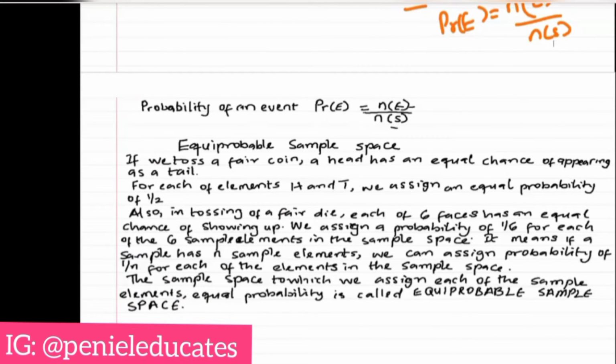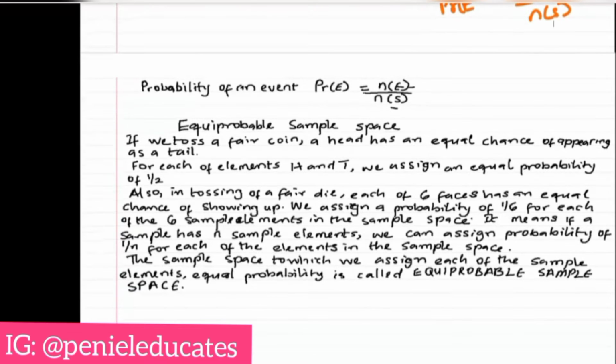Now let's look at the equiprobable sample space. If we toss a fair coin, a head has an equal chance of appearing as a tail, which is one half, as I said before. Also, if you toss a die, you can have 1/6 for each of the 6 sample elements.